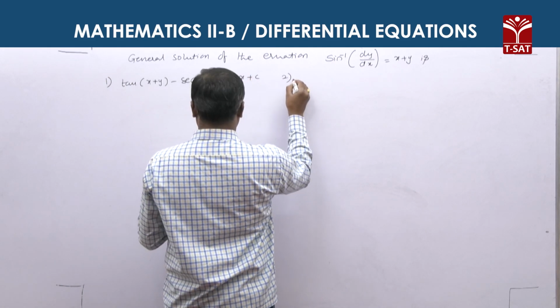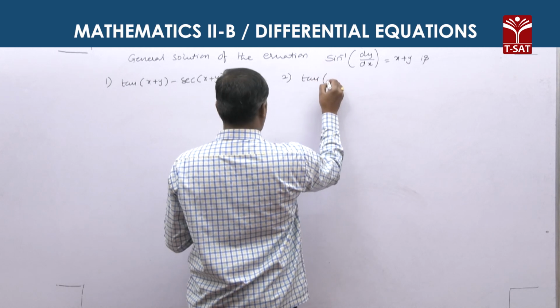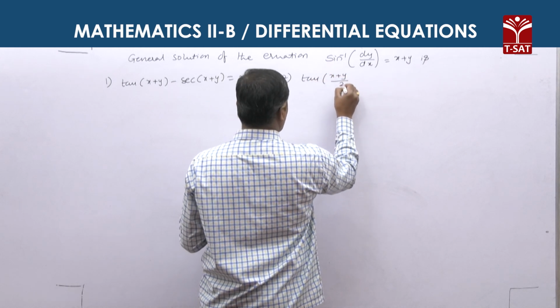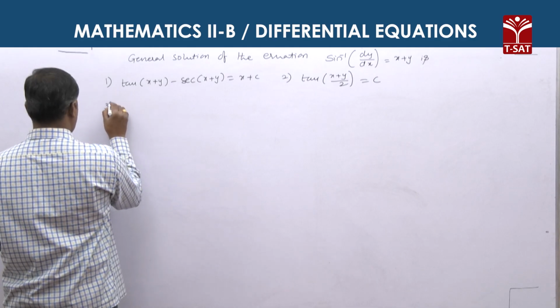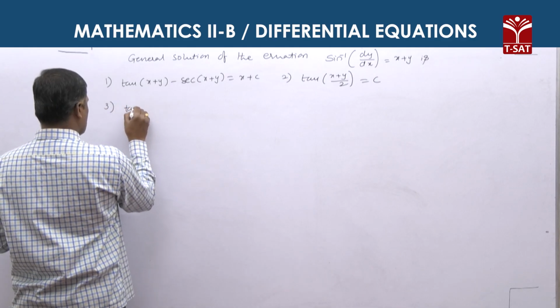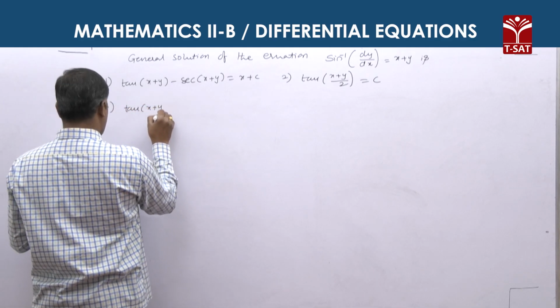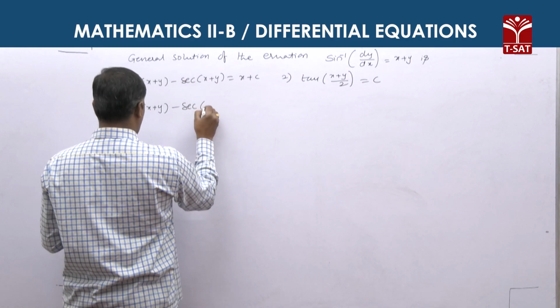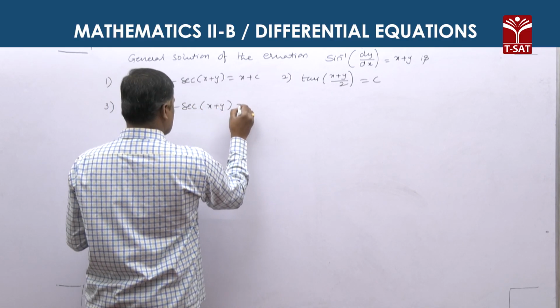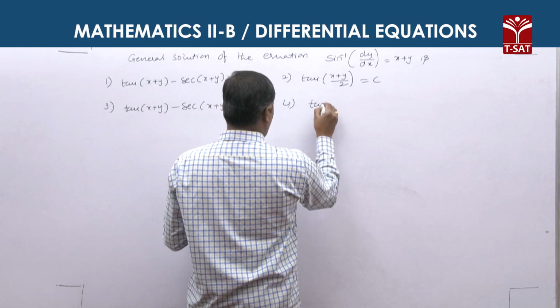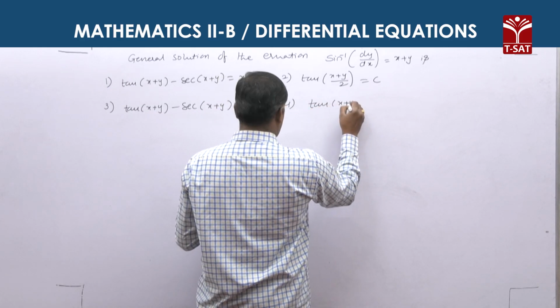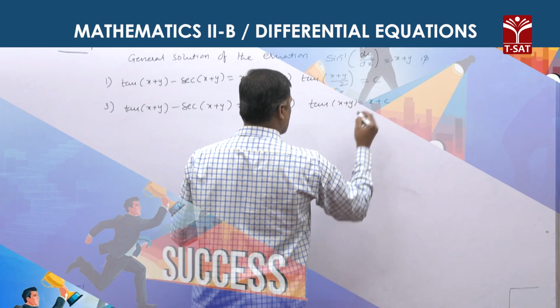Second option, tan of (x plus y) by 2 is equal to c. Third option, tan of x plus y minus secant of x plus y is equal to c. Fourth option, tan of x plus y is equal to x plus c.